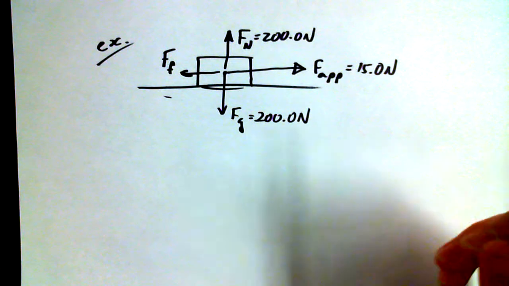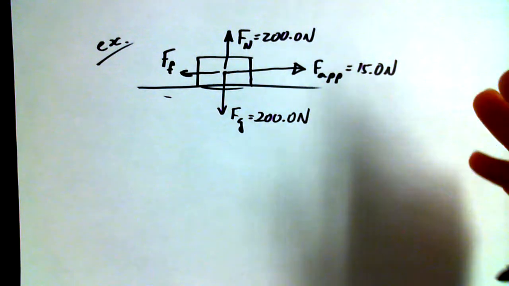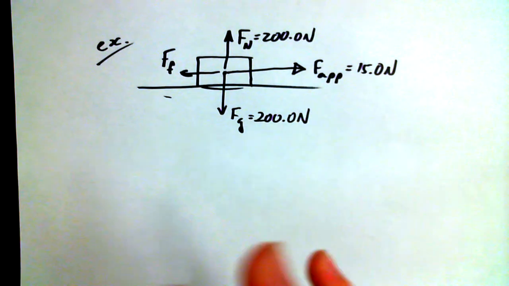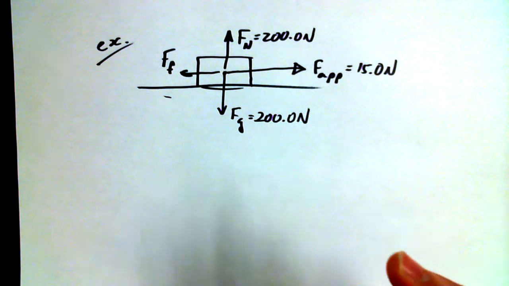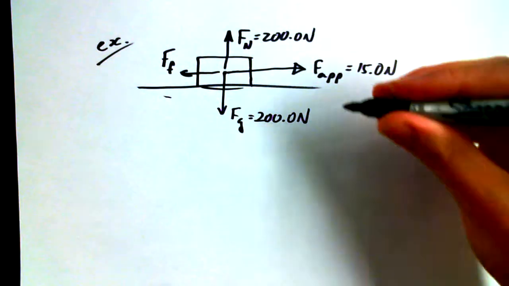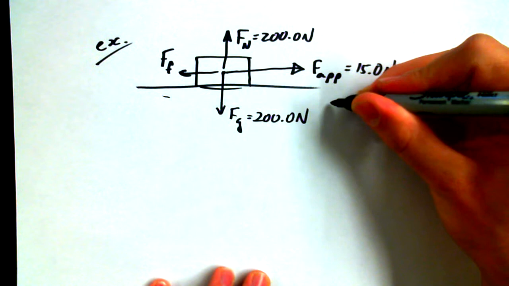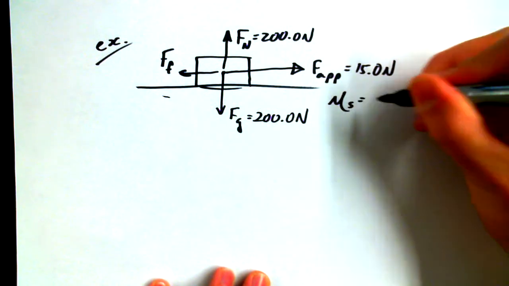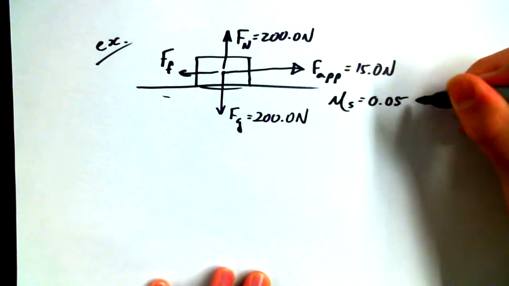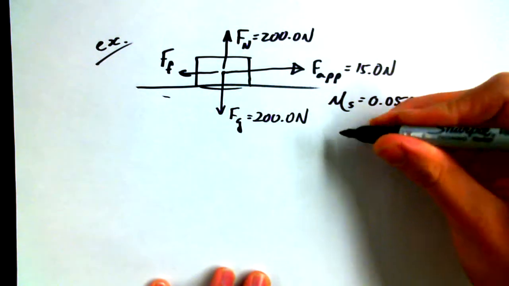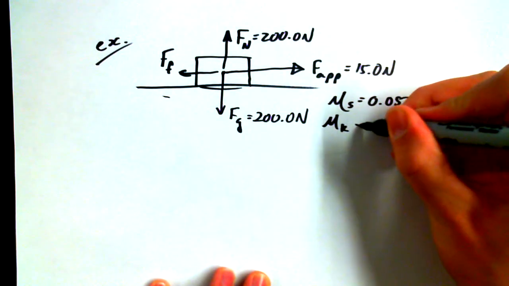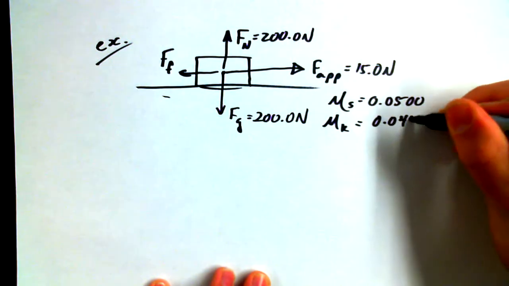Okay. What I will say though is that I've investigated the situation. I did the old drag the thing across the table routine. I figured out what the mu coefficient was for static friction and kinetic friction, and what I found in my experiments is that 0.0500 was the static coefficient of friction, and mu k was equal to 0.0400.